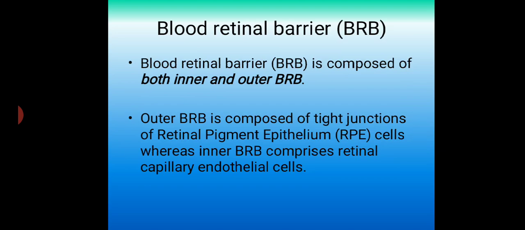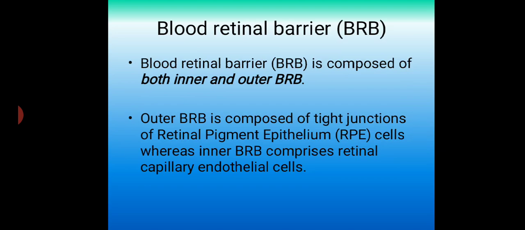The blood-retinal barrier protects the entry of unwanted substances from the blood into the retina. That is the main function of the blood-retinal barrier. The same way, as we studied, the blood-brain barrier protects the entry of unwanted substances from the blood into the brain.